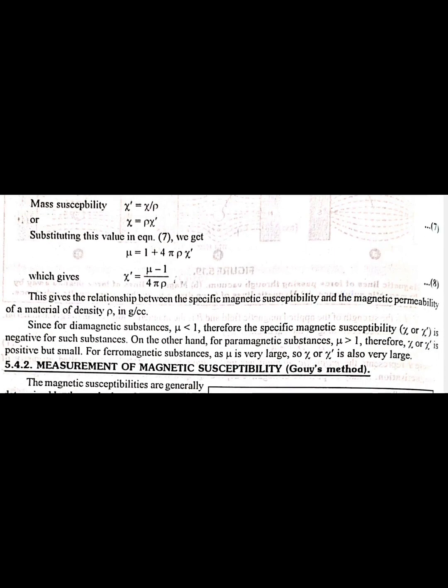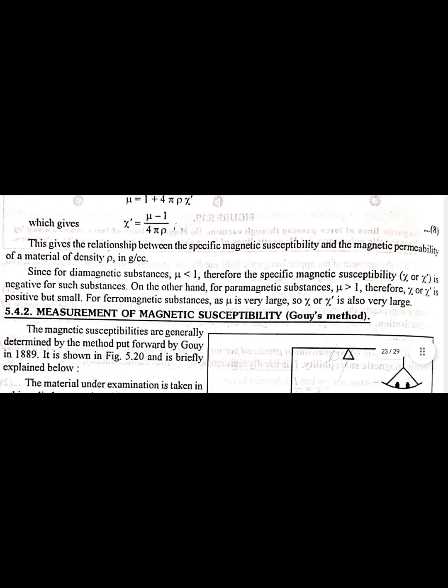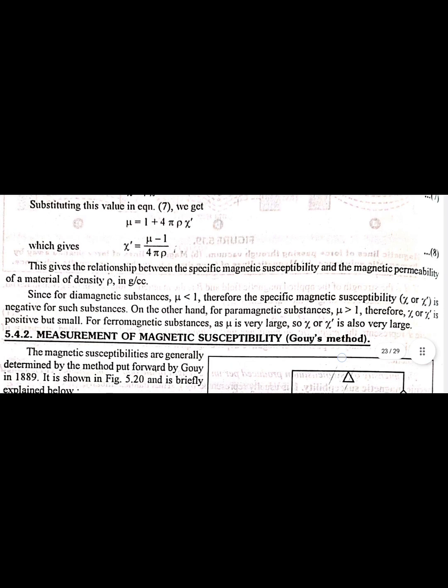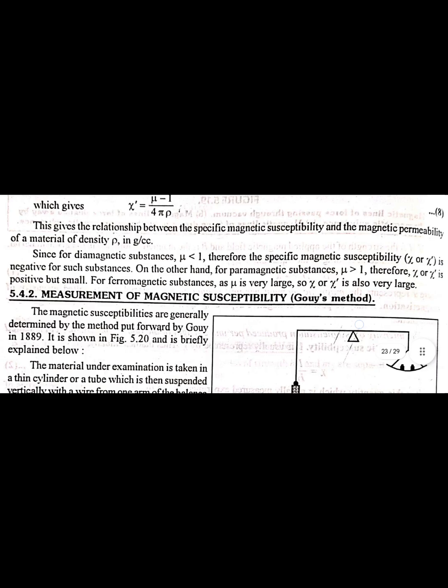Substituting this value in equation 6, we get mu is equal to 1 plus 4 pi rho chi dash, which gives chi dash is equal to mu minus 1 upon 4 pi rho.